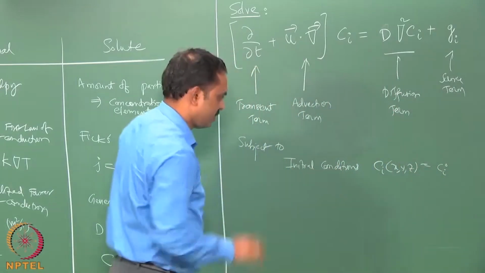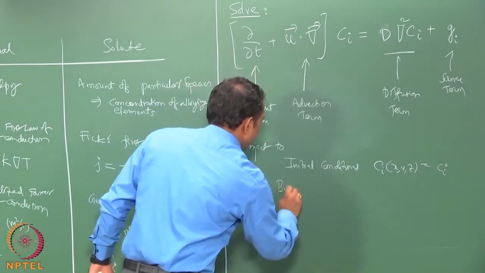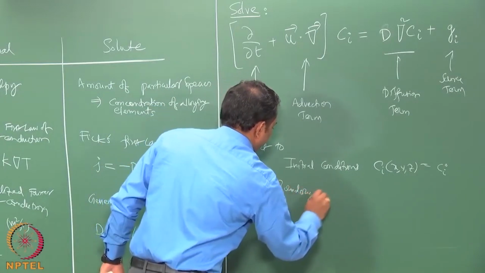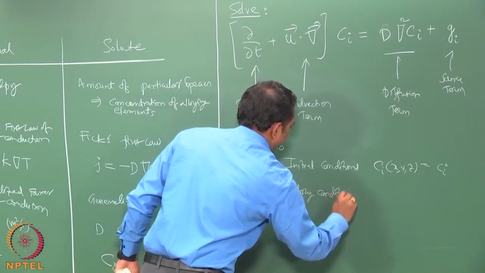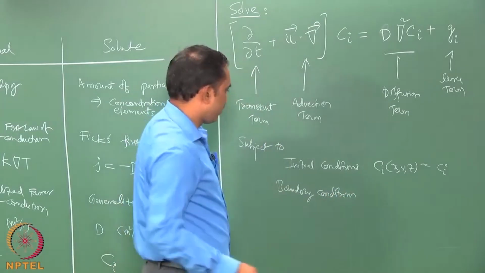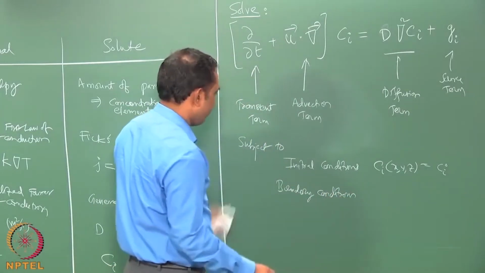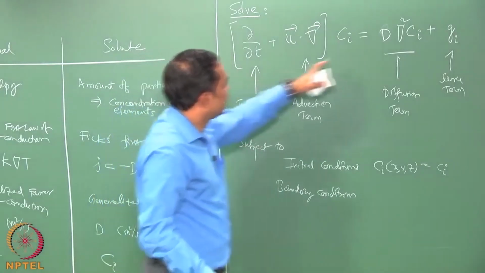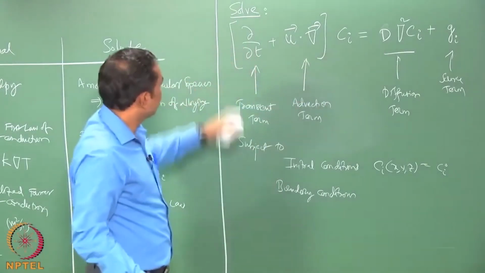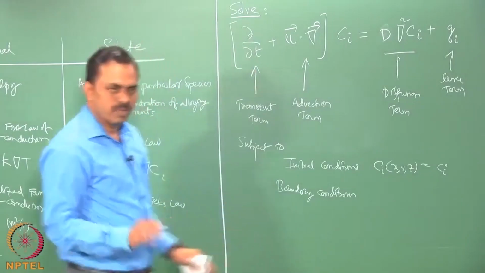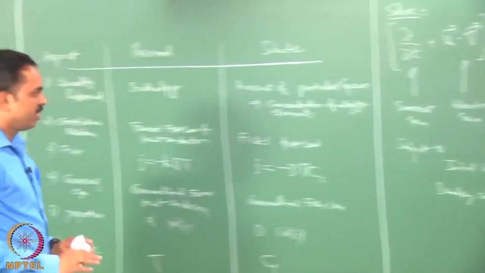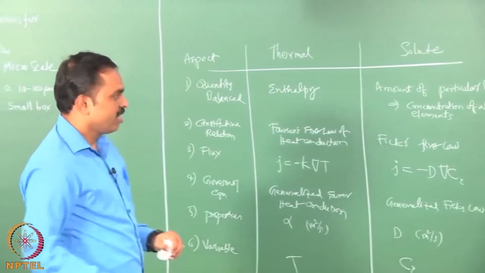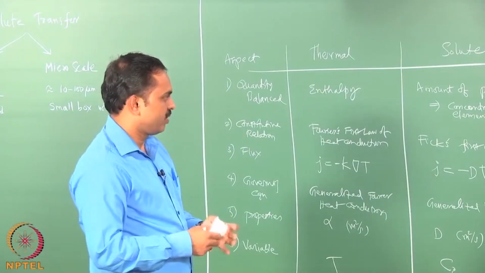Some initial conditions are known, and boundary conditions, and we will look at what boundary conditions are applicable shortly. And once you have these and the property values and the velocity values, etc., then basically you have got the problem well stated, and that would constitute how you want to go ahead with the macro scale solute transfer model.